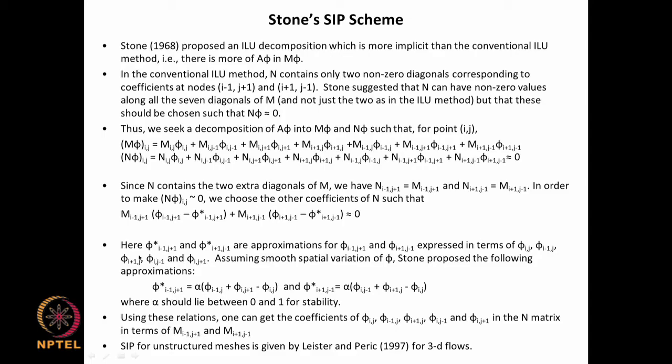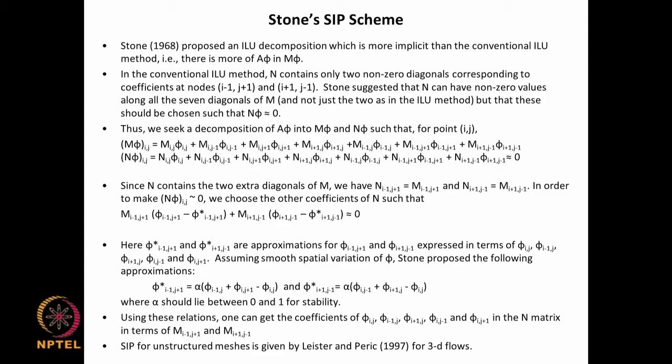Now the idea is, what are these values of phi star? These are estimated values of phi at i minus 1, j plus 1. If these estimated values are pretty close to the actual values, then the result is 0, and the fact that we are multiplying by these coefficients does not matter. So the idea is to make these estimates close to the actual values, and this is where Stone assumed smooth variation of phi.